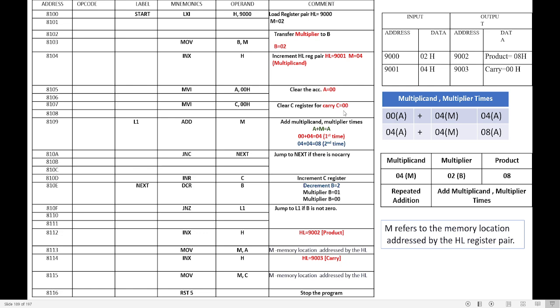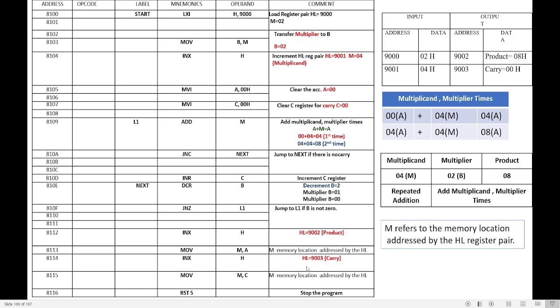Since there is no carry, I move that carry from C to M. M is a memory location addressed by HL. So if HL is 9003, whatever content we move to M will go and sit in location 9003. Stop the program. RST5 means stop the program. Either you can write RST5 or write HLT, halt.